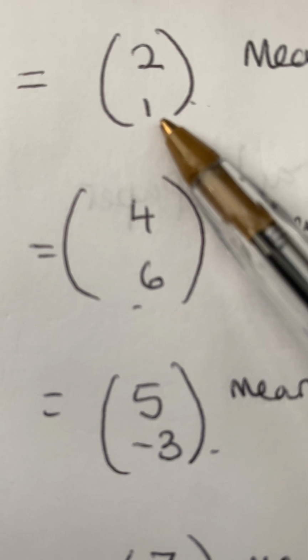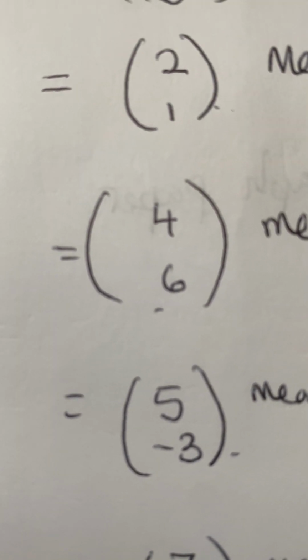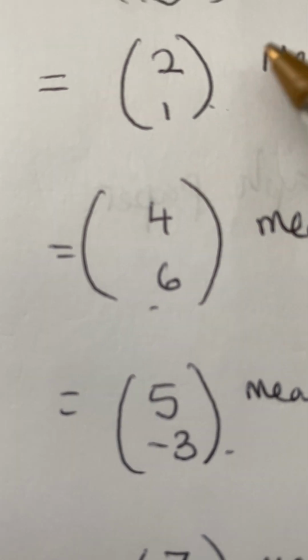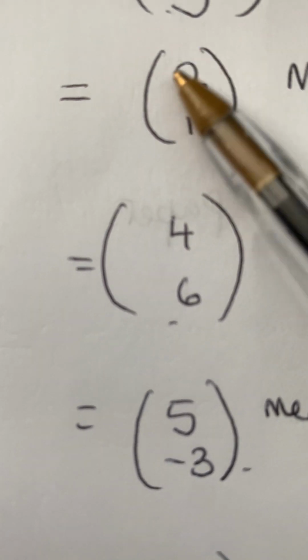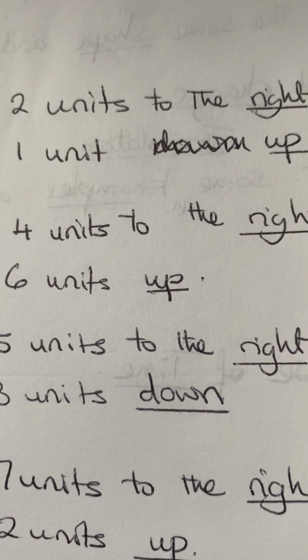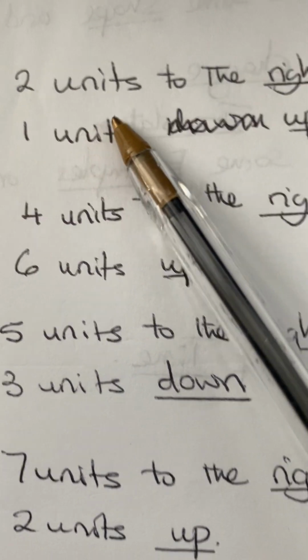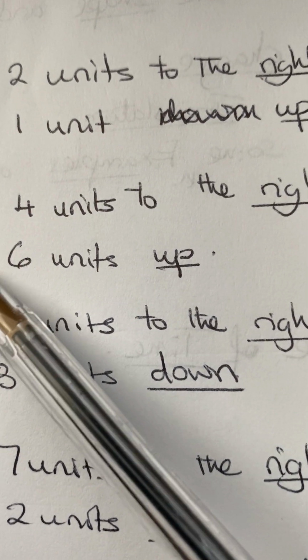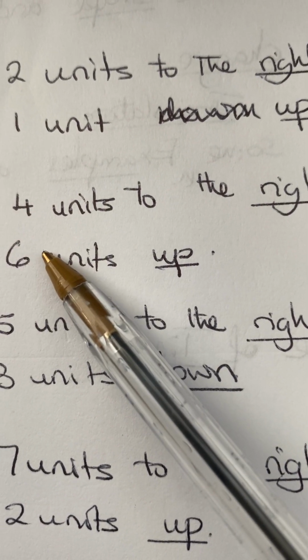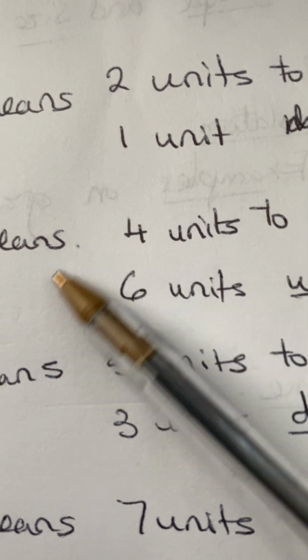Now, if they give you a triangle and ask you to translate with the vector (2, 1), what it means is 2 units to the right and 1 unit up. So with a triangle, you have points A, B, and C. What it means here is the positive means right, the negative means left.